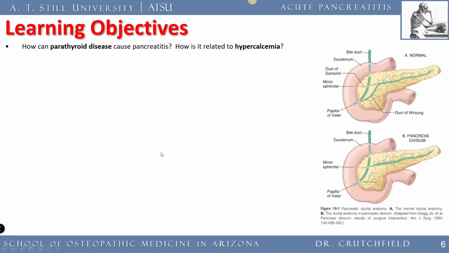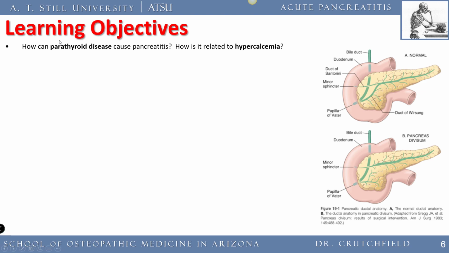So how can parathyroid disease cause pancreatitis, and how is that related to hypercalcemia? Well, our parathyroid glands release parathyroid hormone, and that helps us regulate the serum concentration of calcium within our bloodstream.